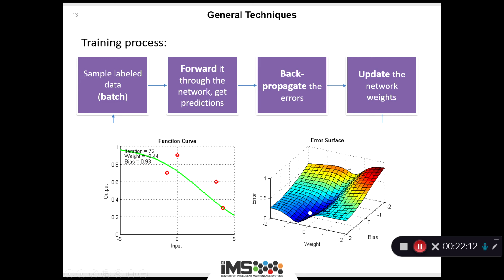And this one shows an example of the optimization of the model. For example, our task here is to fit the 4 red points with a curve. And the red figure here is our optimization process. The white point is our solution.